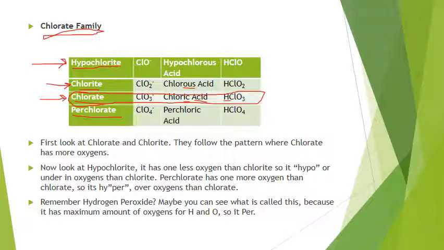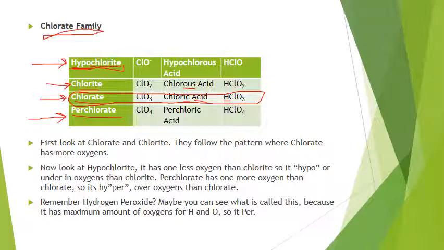Now this can be ClO minus, and what we do is we put a hypo in front of chlorite. Hypo means under, so it's 1 less than chlorite. So ClO minus, and the acid would be hypochlorous acid.